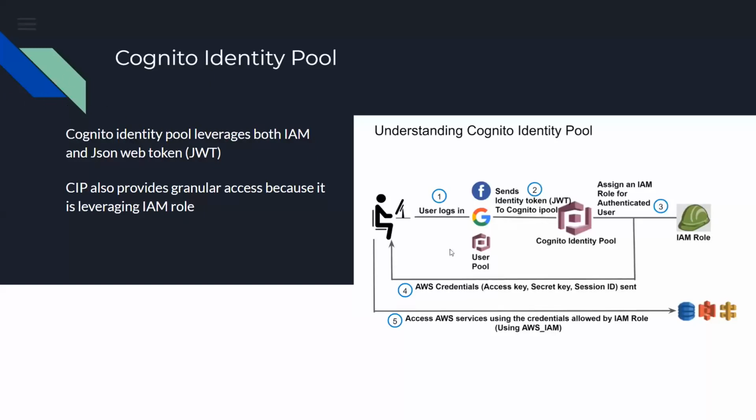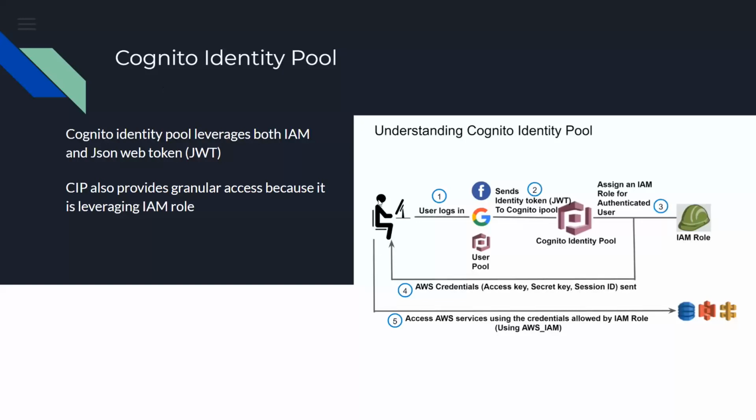This session ID is where we leverage the IAM role that AWS IAM provides. In the Cognito user pool, you don't have the session ID, it's just once. But here, because IAM can provide different IDs, in addition to the access key and the secret key, we have a session ID.